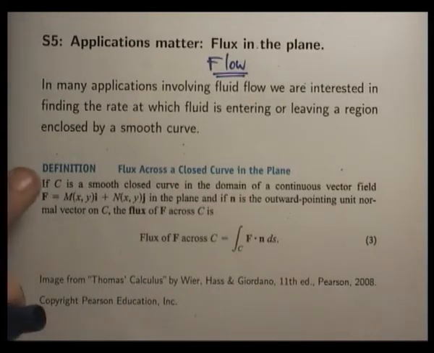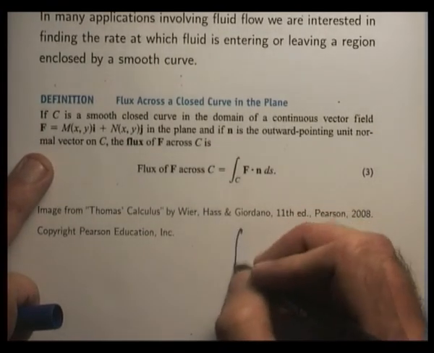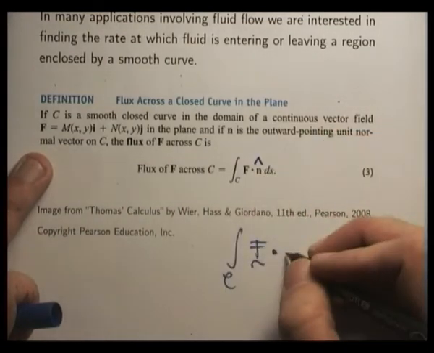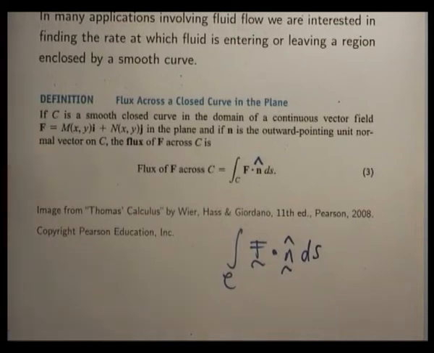It may be a little hard to see on camera, so let me draw that a little bit bigger. The flux is just the path integral of the normal component of f, where here we have an outward pointing normal.